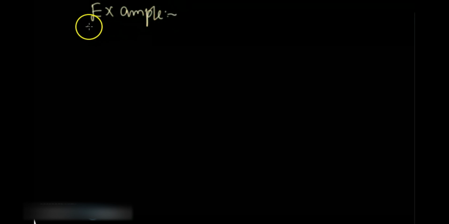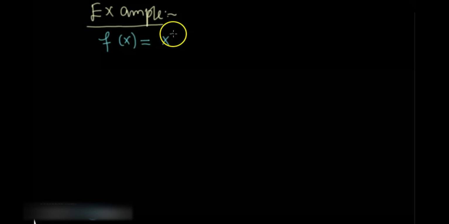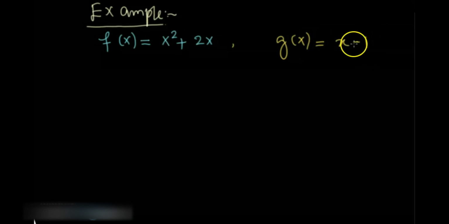Let's do an example. We will consider the simplest kind of functions, and the nicest functions are the polynomial functions. So let me consider f of x to be x square plus 2x, and let's say my g of x is equal to x minus 1.